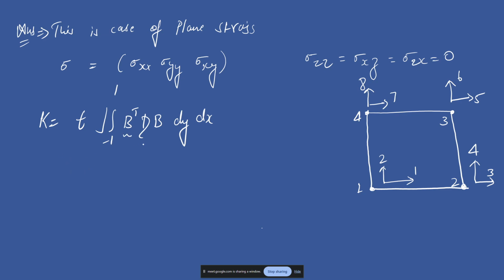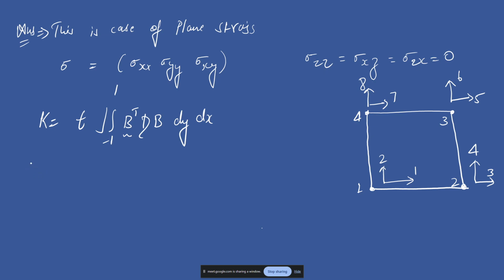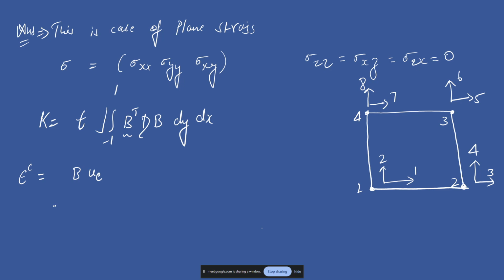This is your B matrix, which can be obtained from your differential operator with the displacement vector, and D is your matrix corresponding to your constitutive model. Your strain tensor is usually given by the product of B with your displacement vector. How to get the B?